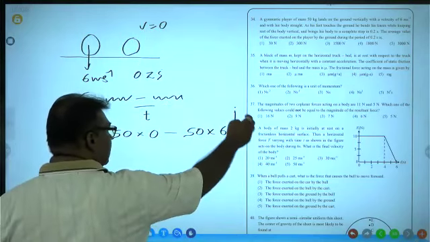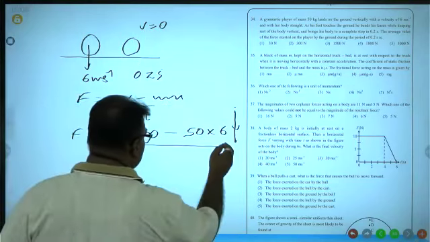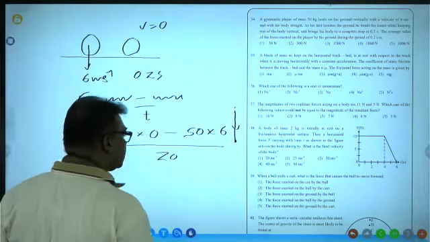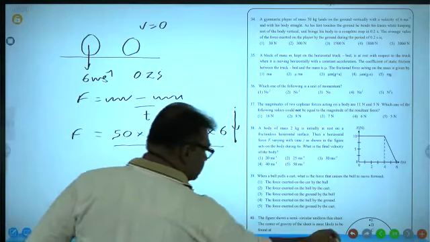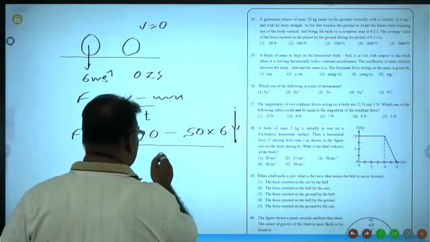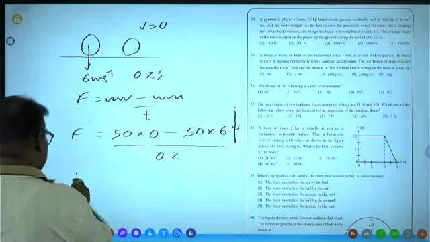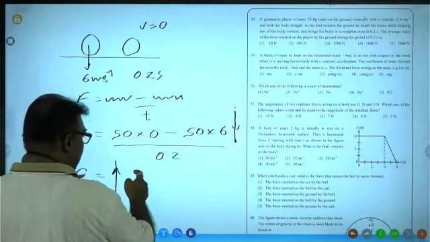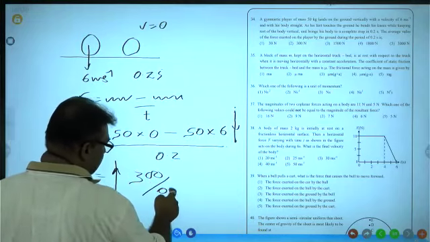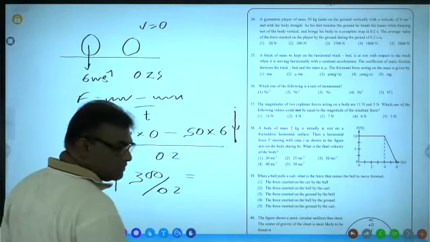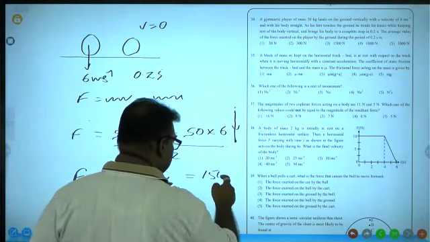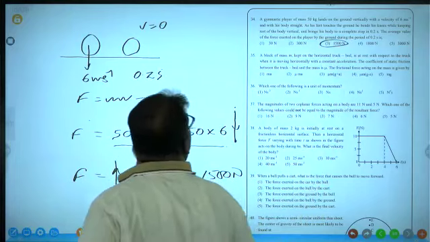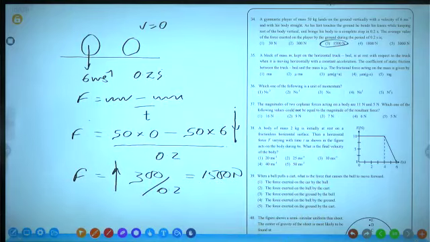Let the initial direction be downward, during the time of 0.2 seconds. Then the force becomes 300 divided by 0.2, which means 3000 divided by 2, it's 1500 Newton. Third answer is the correct answer.